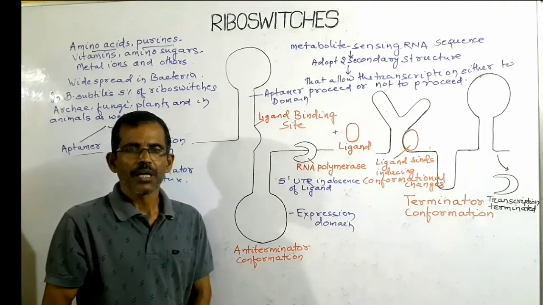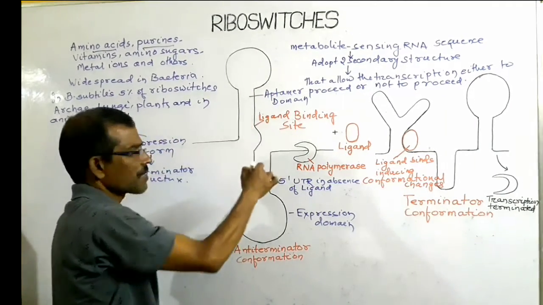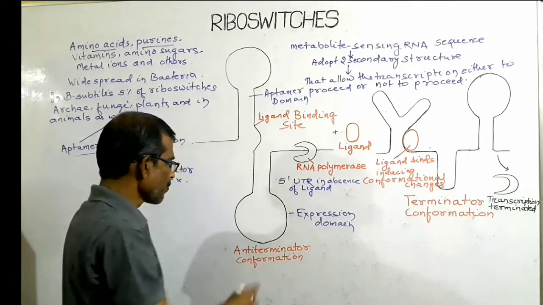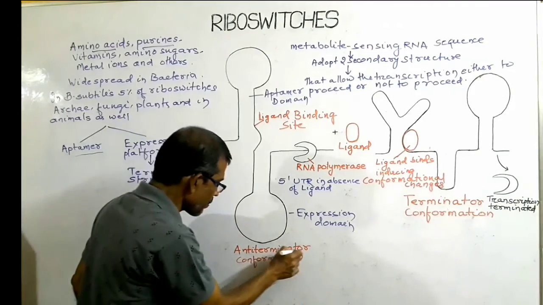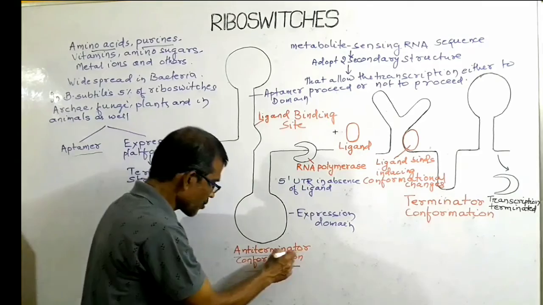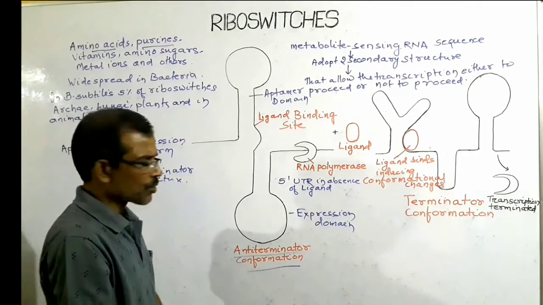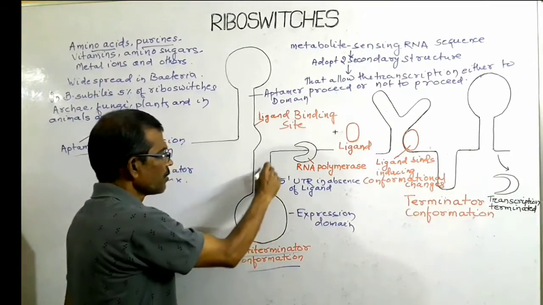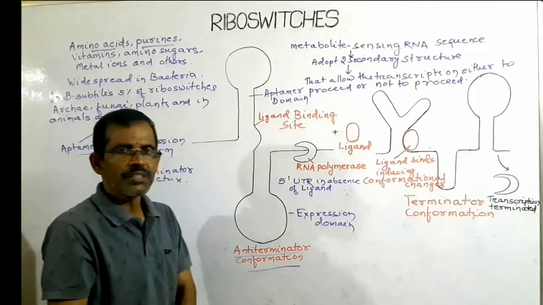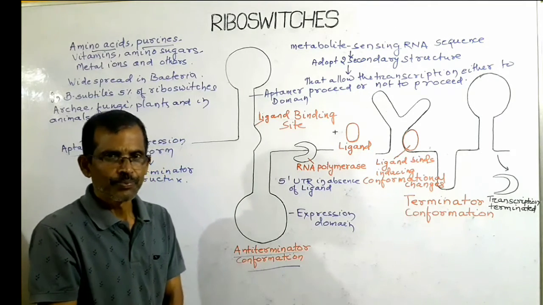In the absence of specific ligand, this aptamer domain is transcribed and the expression domain adopts an anti-terminator structure. After the formation of the anti-terminator structure, transcription proceeds through the expression domain into the coding sequence. So the gene is transcribed.